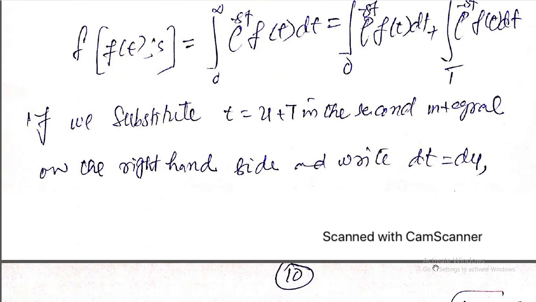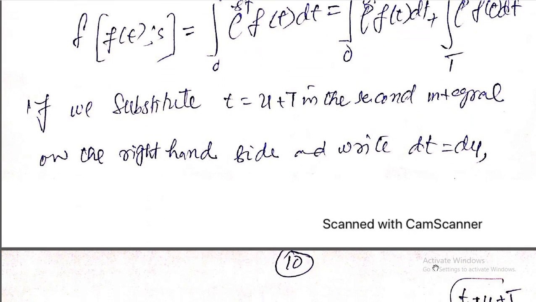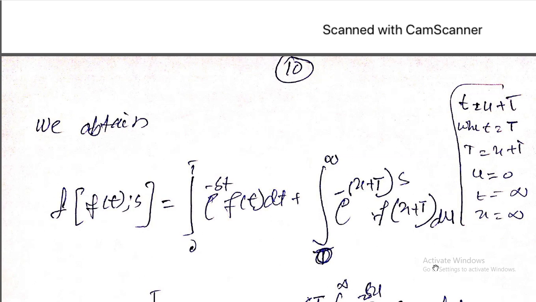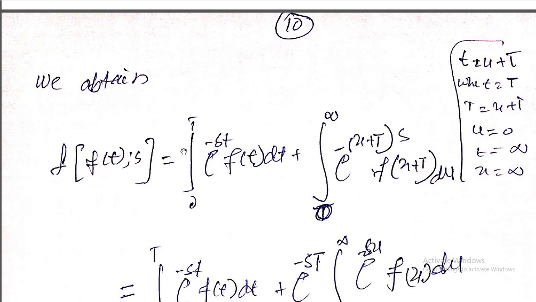So we substitute in the second integral t as u plus T. Wherever there is t, we have replaced it, so e power minus st becomes e power minus s times (u plus T), and dt is replaced by du.